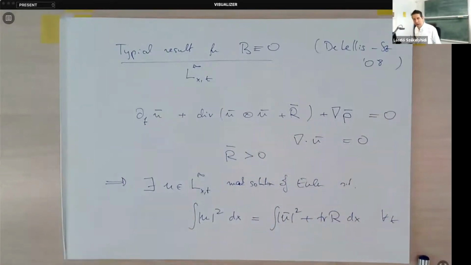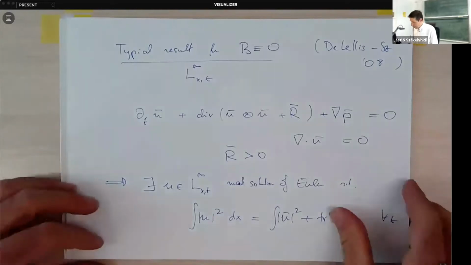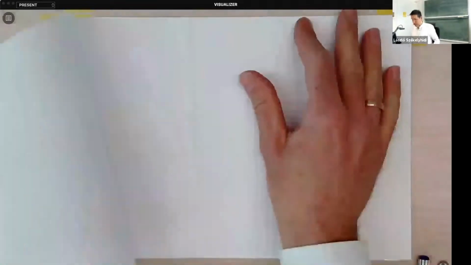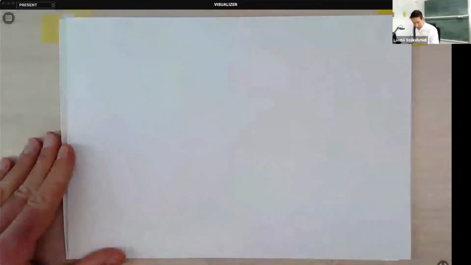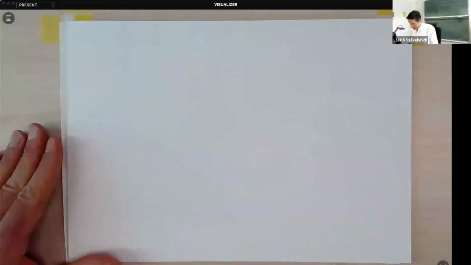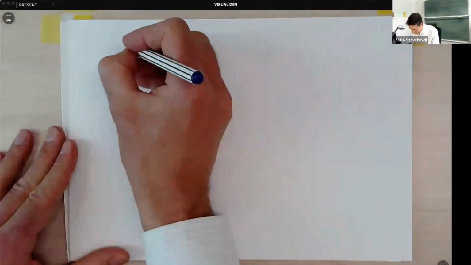Okay, so this is the way of undoing the weak convergence. Now, let's go back to MHD, because the situation is more interesting. In MHD, there is a div-curl structure.